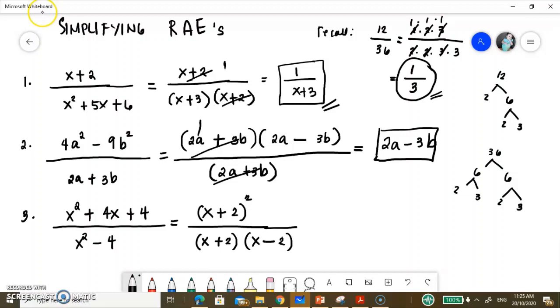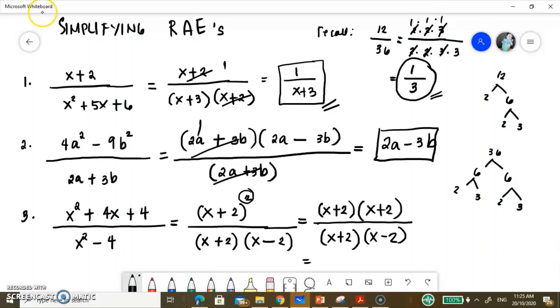Okay, so we can write that like this. Hindi pala expand ang dapat sinabi ko. Write natin as factors of itself. Ayan. So, x plus 2 times x plus 2 over x plus 2 times x minus 2. And then, cancel natin yung parehas kasi that's equal to 1.